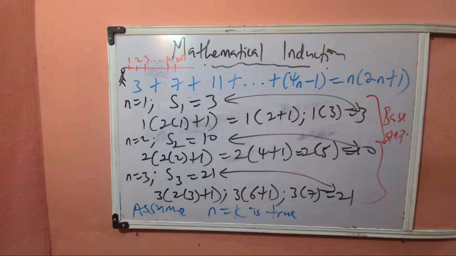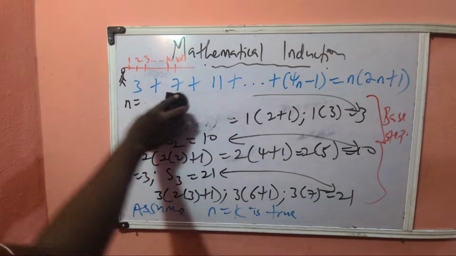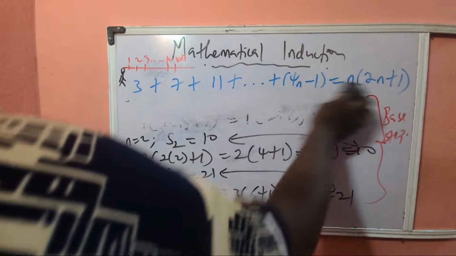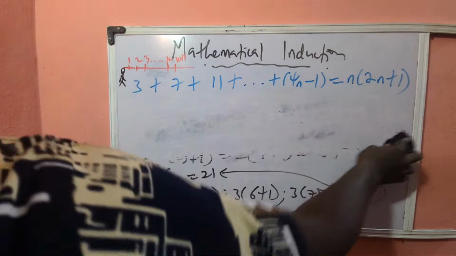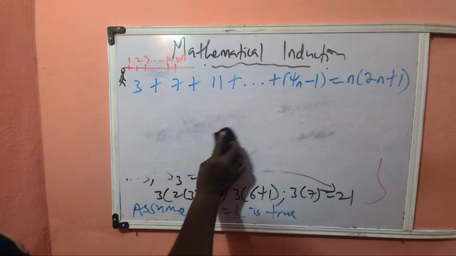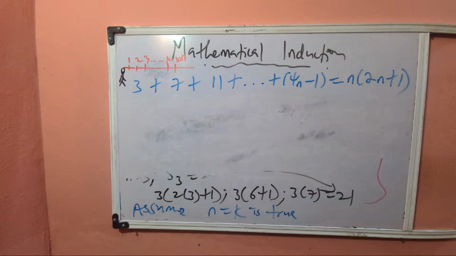Now, after we did this, since we have concluded that n equals k is true, what is the implication on my equation, my expression? Look at what the implication is. Don't forget, we have done it for when it was 1, and for when it was 2. Now we are talking about when it's k.